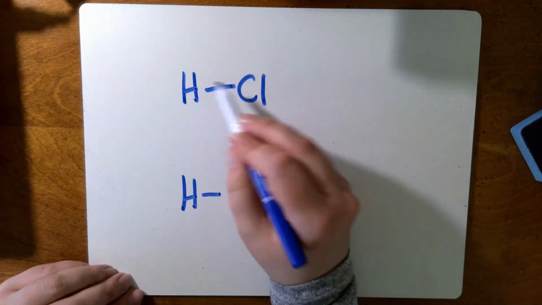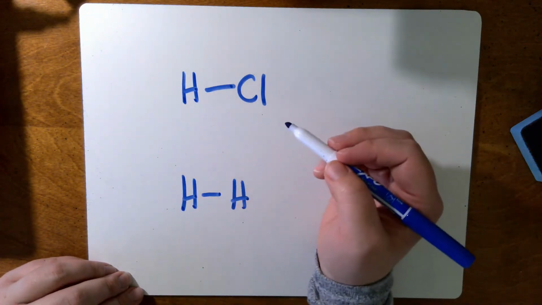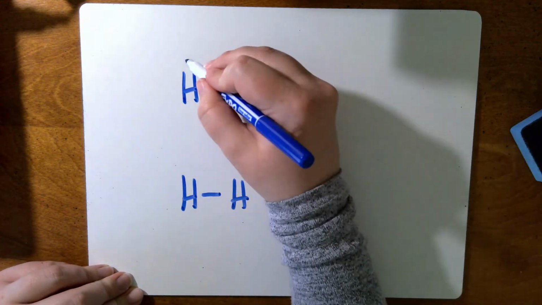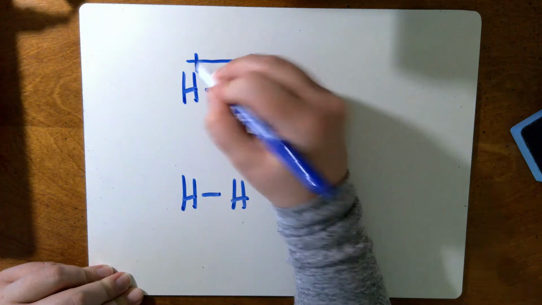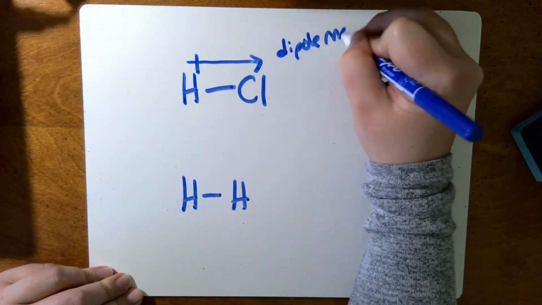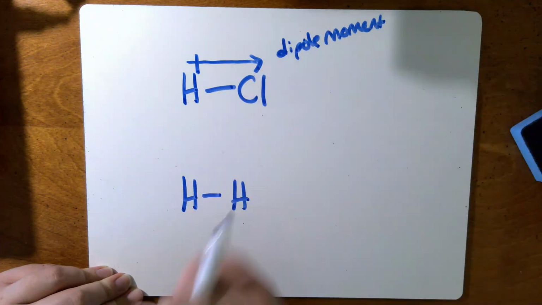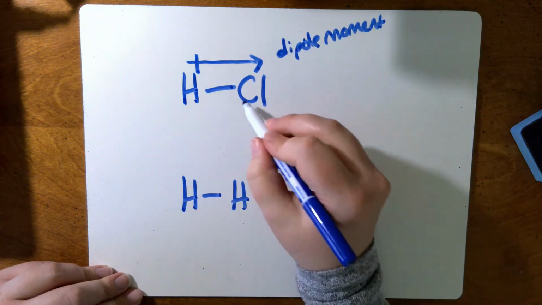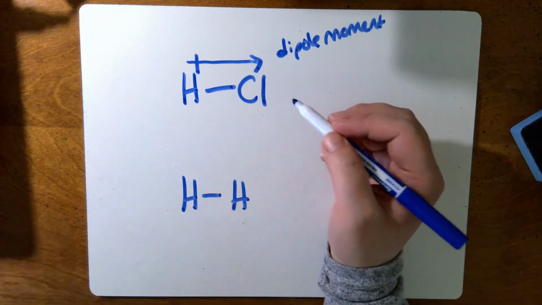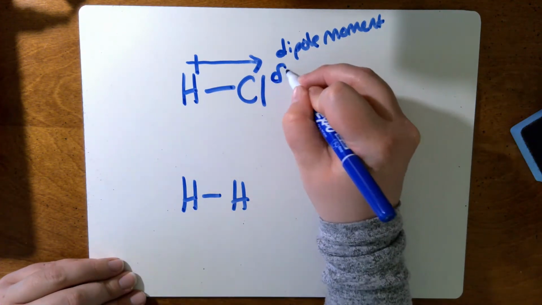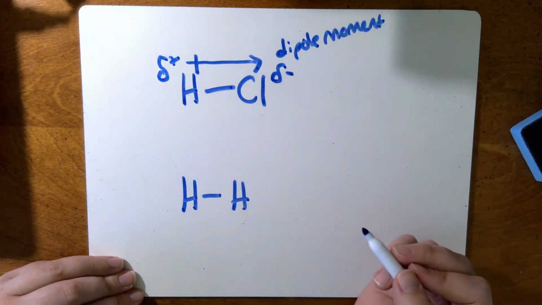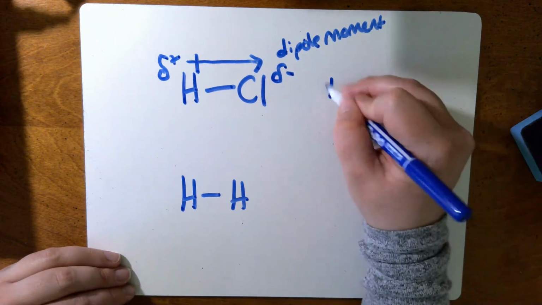So what that means is that they're going to share the electrons, but they're not going to share them evenly. Chlorine has a greater attraction for the electrons, so we would draw an arrow to represent the dipole moment. Okay. This shows which way the electrons are being pulled. They're going to be pulled towards the atom with greater electronegativity. Since the electrons are being pulled more towards chlorine, we would say chlorine has a partial negative charge and hydrogen has a partial positive charge. Okay? So this is a polar bond.